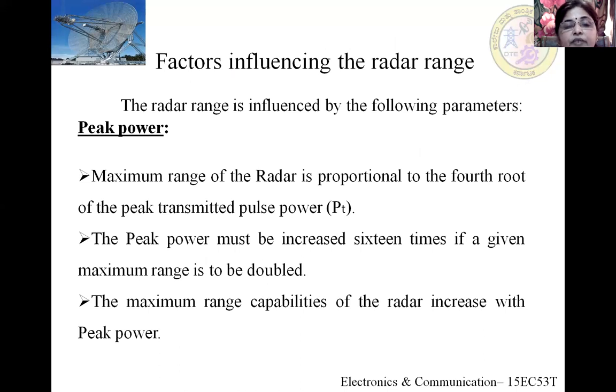The maximum range of the radar is proportional to the fourth root of the peak transmitted pulse power, as the above equation says. The peak power must be increased 16 times if a given maximum range is to be doubled, so the maximum range capability of the radar increases with peak power.